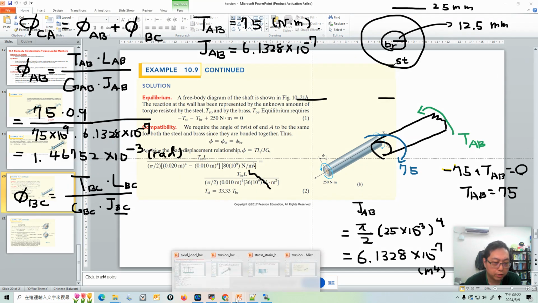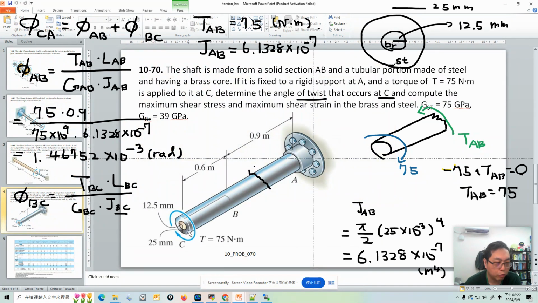So back to this homework problem. Here's the core shell structure. We apply the torque here, and the core and shell both share the applied torque. If you want to calculate the angle of twist in this part, you need to know TBC, but which value are you going to take?